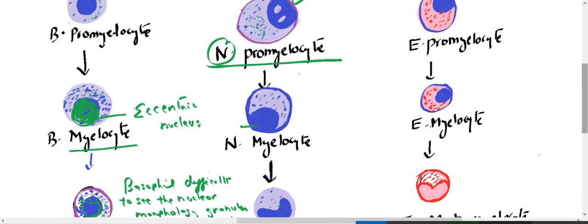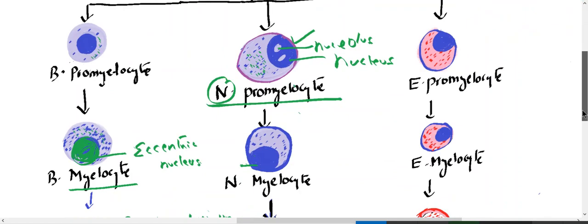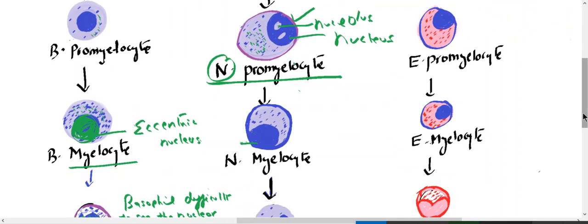The next one is a neutrophil promyelocyte. Promyelocytes are the cells right after the myeloblast. They have a lot of granules with a nucleolus and a nucleus here, and then they form myelocytes. Yes, this is a very important topic for Step 1, Step 2, Step 3, all of them. Normally we have different types of leukemia, guys.